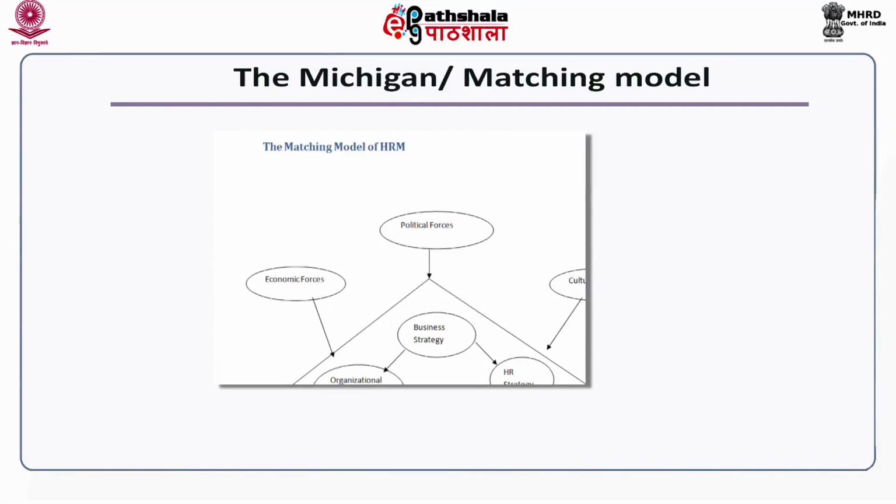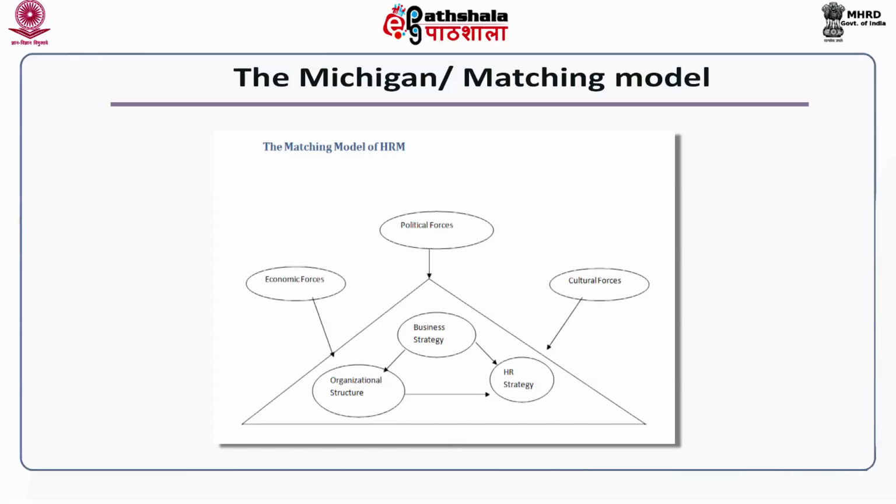The matching model of HRM has been presented in the figure. As we can see, the boundaries of the business within which business strategy, organizational structure, and HR strategy are all involved, and the outer forces affecting the business are the economic forces, political forces, and the cultural forces.